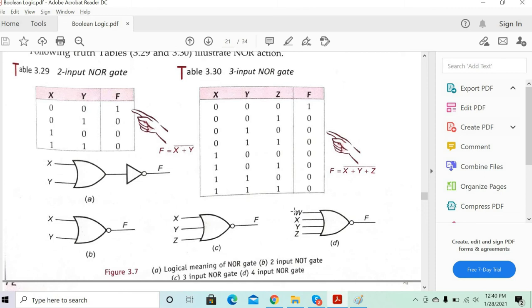If it is 0, it will be 1. If it is 1, it will be 0. Okay. Correct? So table 3.30. Draw the truth table for the NOR gate which has the 3 inputs X, Y, Z.